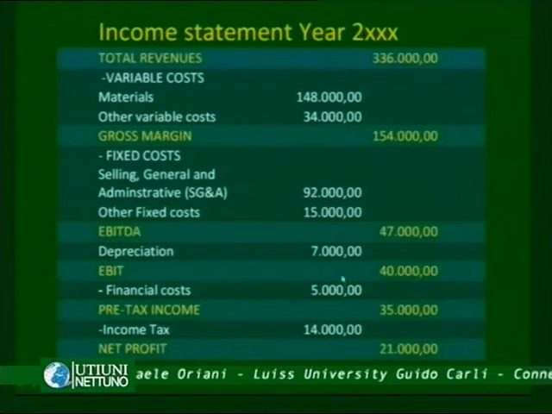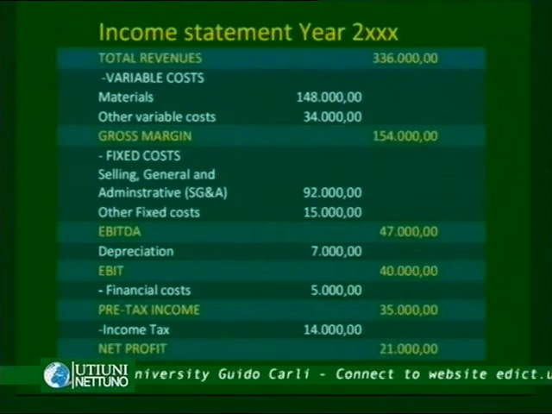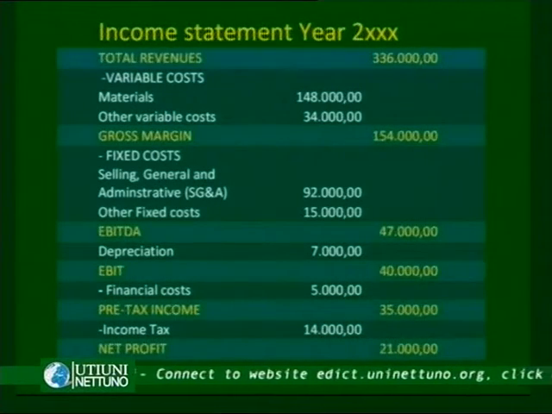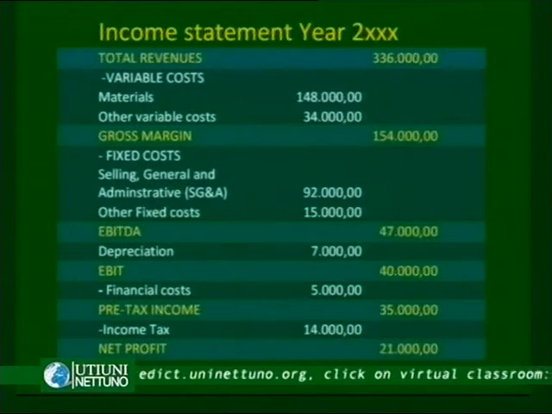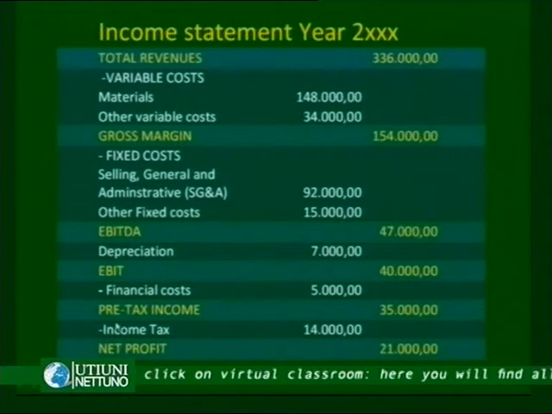So if we subtract the financial costs, in this case they are assumed to be equal to $5,000, we get a pre-tax income of $35,000 on which taxation is calculated. So in this case, we are applying a 40% tax rate on pre-tax income.